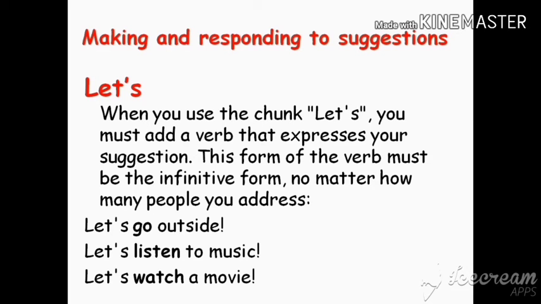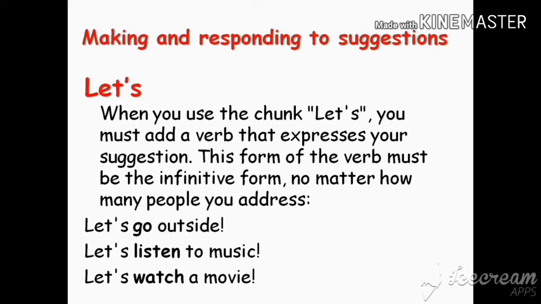So when you use the chunk let's, you must add a verb that expresses your suggestion. This form of the verb must be the infinitive form, no matter how many people you address. So the verb following the chunk let's is always in infinitive.